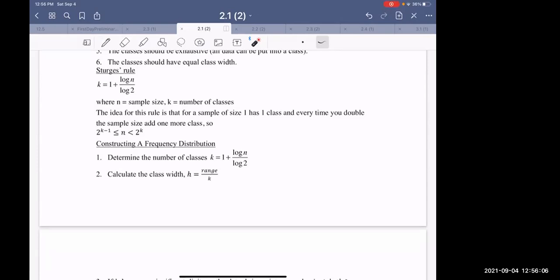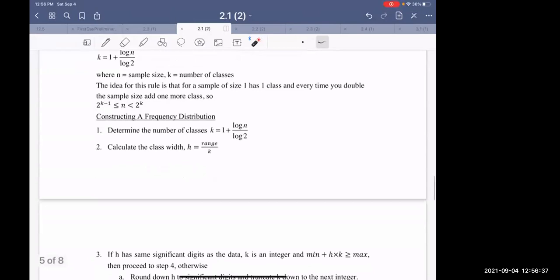If you double how many numbers there are, then you should add one additional class. So you have one number, one class. Two numbers, two classes. Four numbers, three classes. And you keep going by doubling each time and adding one additional class.